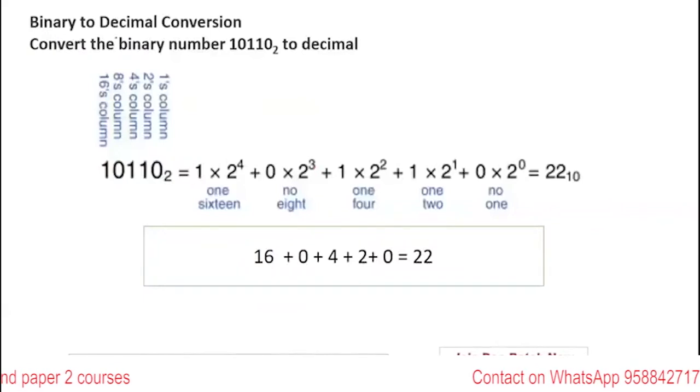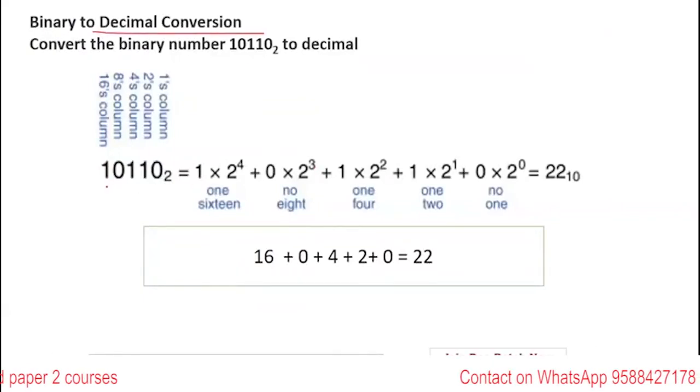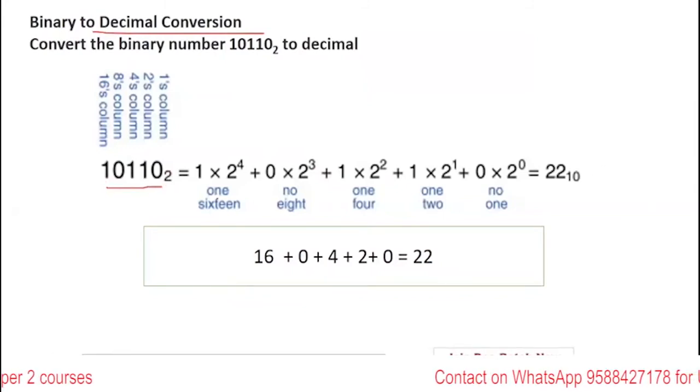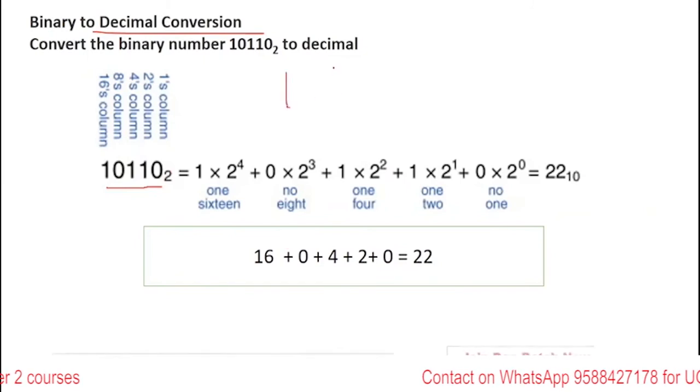Then binary to decimal conversion. Say the number is 10110 to the base 2. How do we split this number?